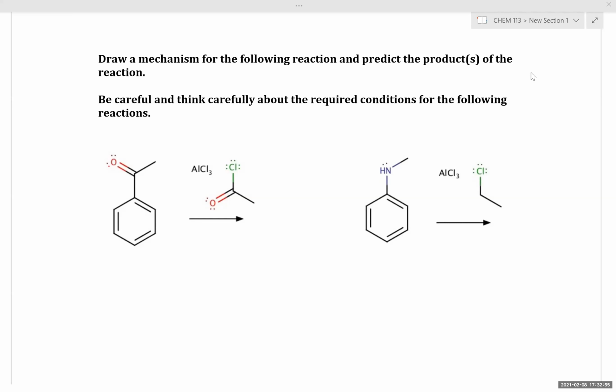And I'd like to see students propose responses in the chat or verbally. What products, if any, do we get from the following reactions? And what do we observe from these reaction conditions?